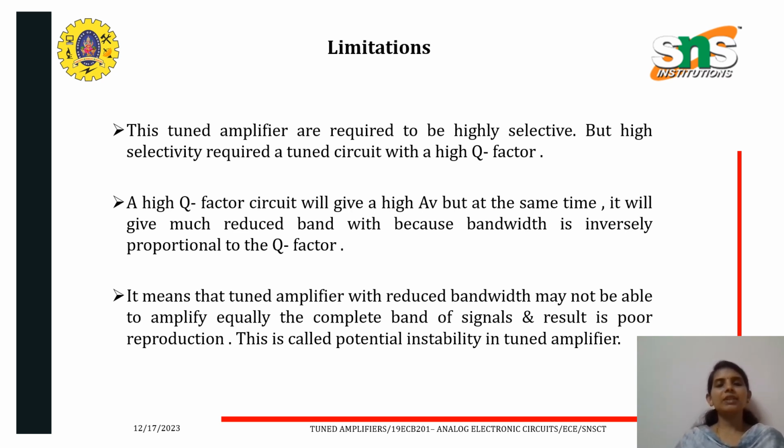High selectivity means the Q factor will be high. But when the Q factor is high, it reduces the bandwidth, since the bandwidth is inversely proportional to the Q factor. The tuned amplifier with reduced bandwidth will not be able to amplify equally the complete band of signals, and the result is poor.